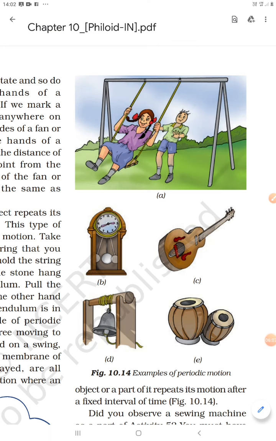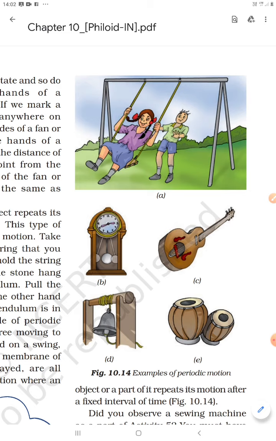In periodic motion, dear students, the body repeats its motion in equal intervals of time, like a bouncing ball, a tuning fork, or a swing in motion. The earth in its orbit around the sun is a very important example.